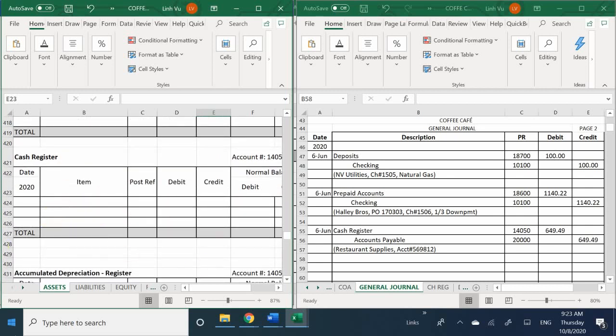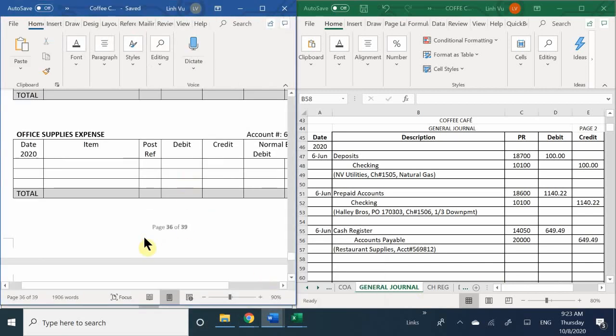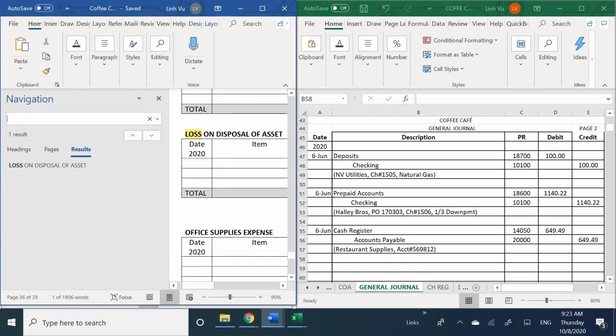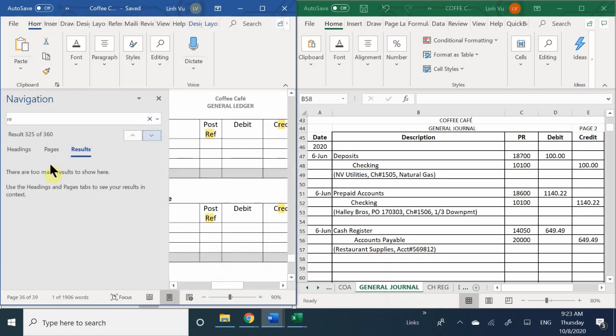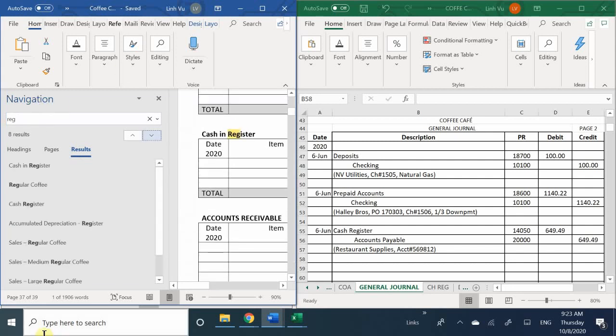Right? On the worksheet, so here this is cash in the register.